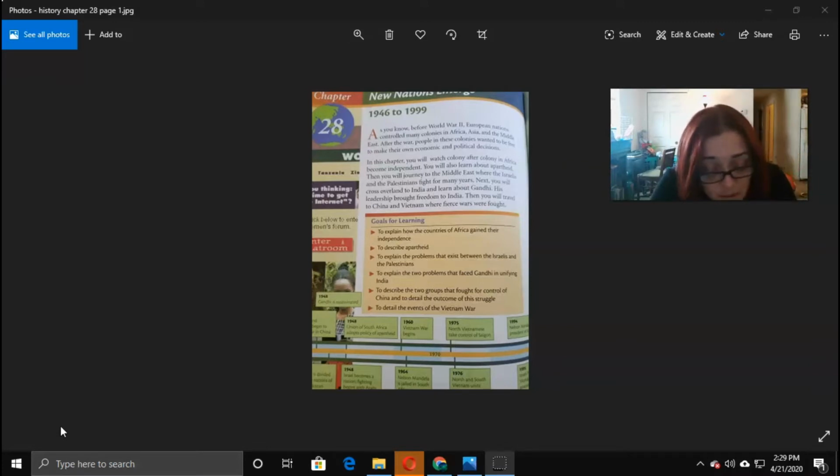You will also learn about the apartheid. Then you will journey to the Middle East, where the Israelis and the Palestinians fight for many years. Next, you will cross overland to India and learn about Gandhi. His leadership brought freedom to India. Then you will travel to China and Vietnam, where fierce wars were fought.